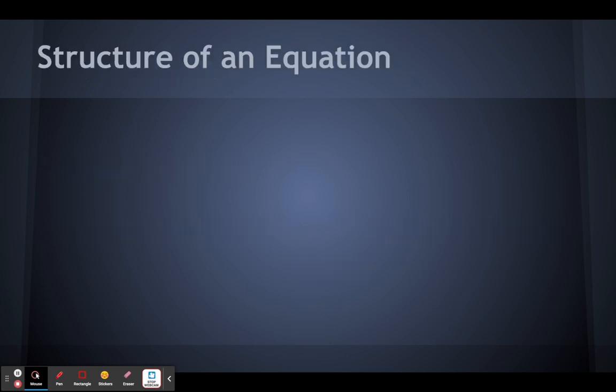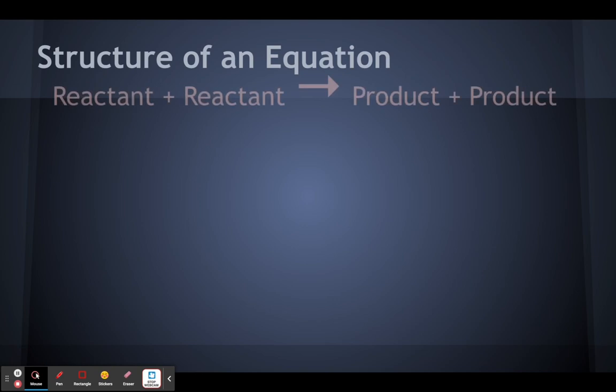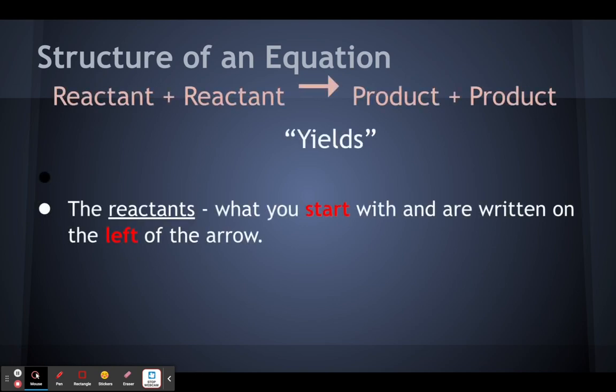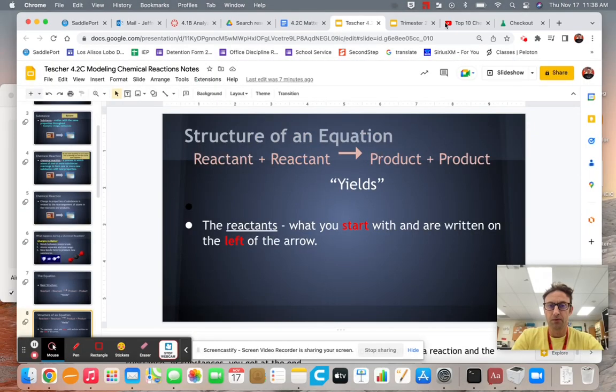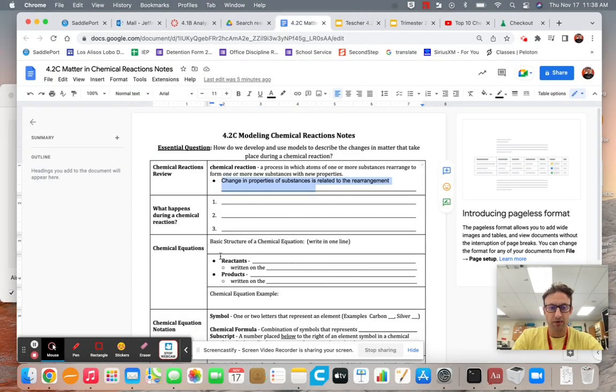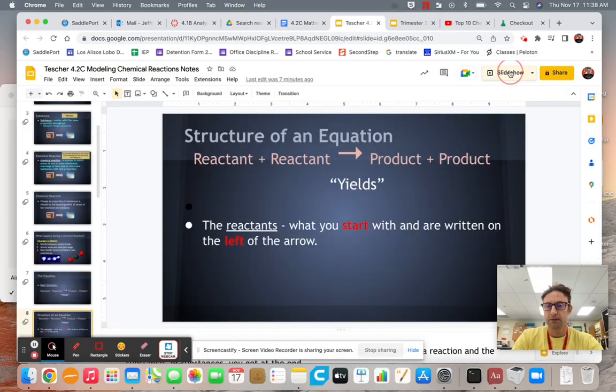So we're going to continue to write where it says basic structure of an equation. And we're going to be right here in this section as we're starting to write about reactants right now. This is where you just wrote right here. So let's get back to it.